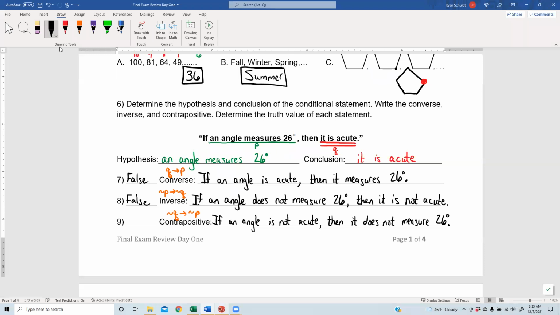So if it's not acute, then it does not measure 26 degrees. That's definitely true. Okay, there's page 1.